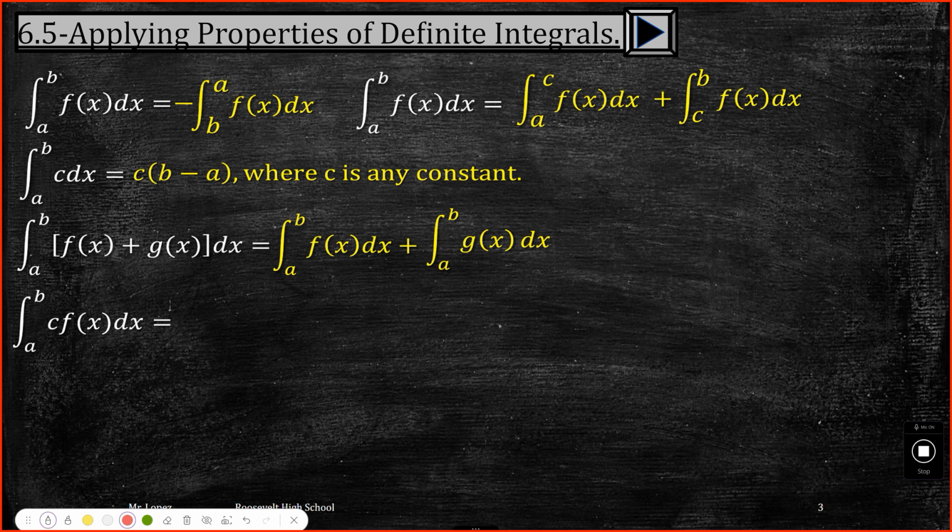Maybe this just gets confusing. This one is just saying that you can factor out the c. Factor out the c, and there'll be c times the integral from a to b of f of x dx.